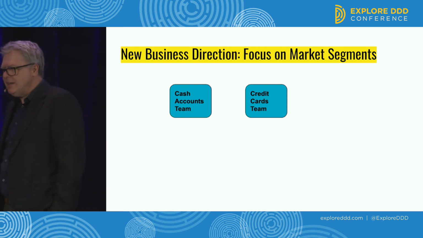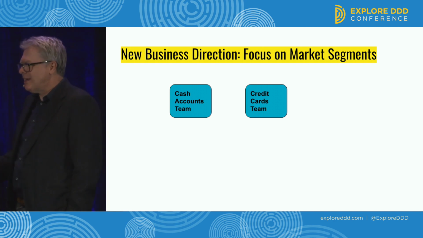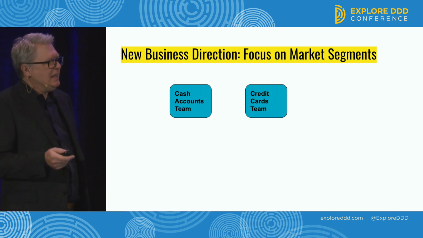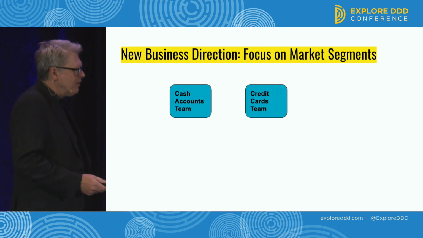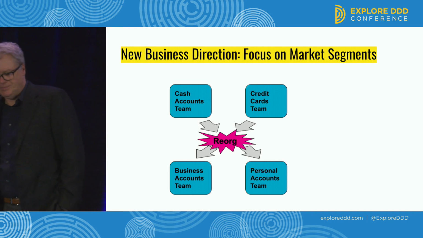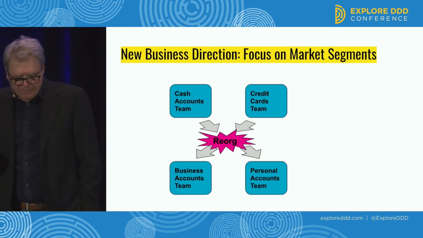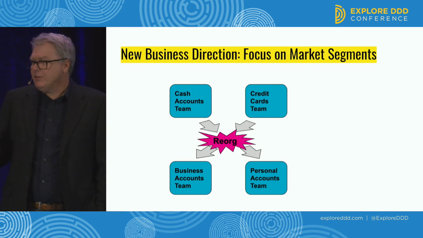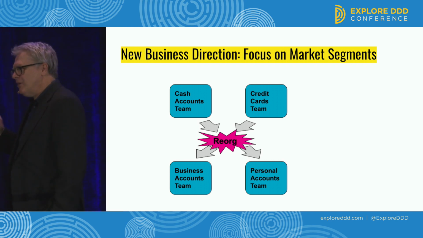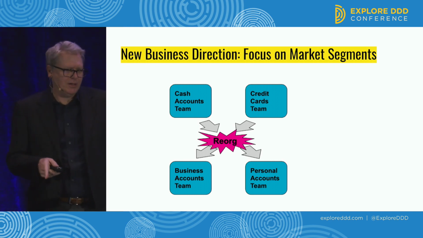So they've decided to focus on market segments instead of these operational distinctions. Instead of dividing the business into cash and credit, they're going to divide it into business accounts and personal accounts. So, of course, individual people want both cash accounts and credit cards, and so do businesses. All right. Now, when this happens, what has happened to the bounded context that we were talking about earlier?